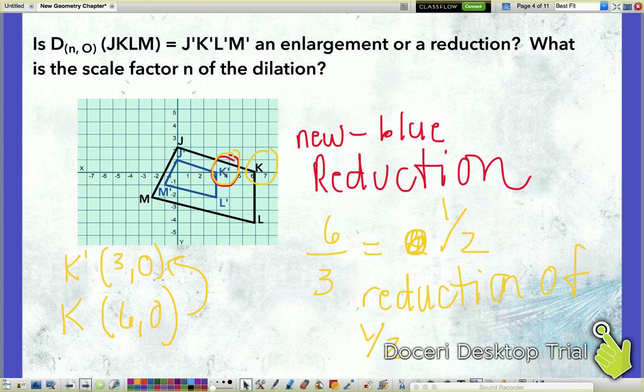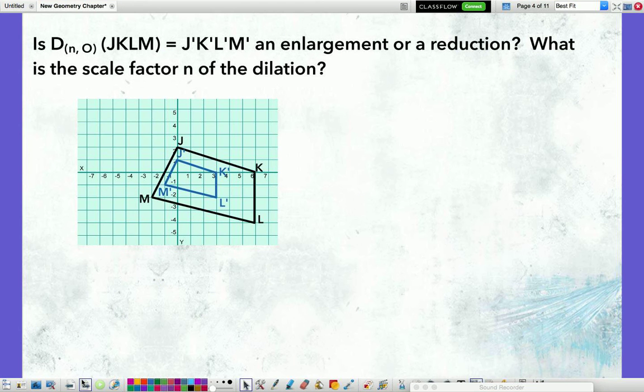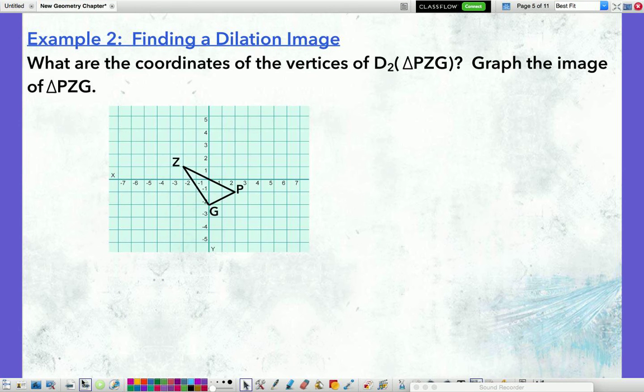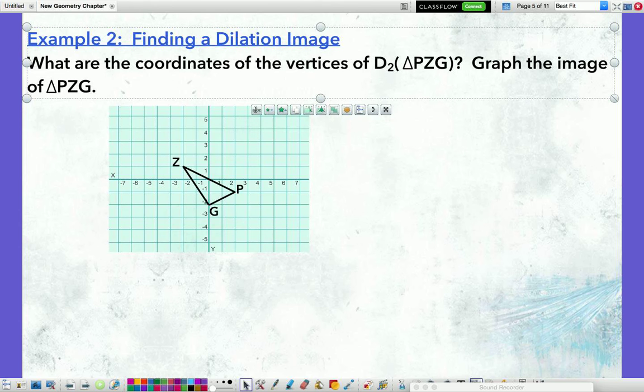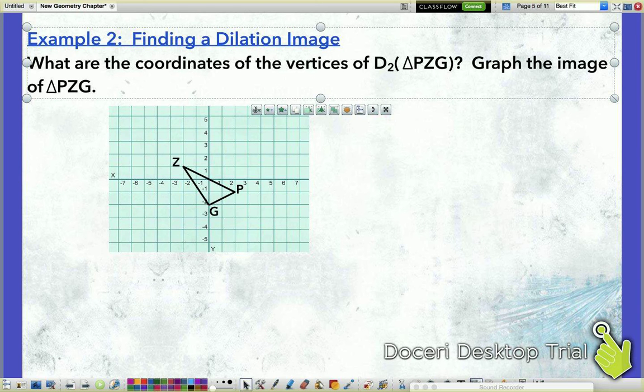Let's look at actually doing this. I have a figure here, and I'm going to graph the image. I'm always going to graph the original image. But here's what they want me to do.